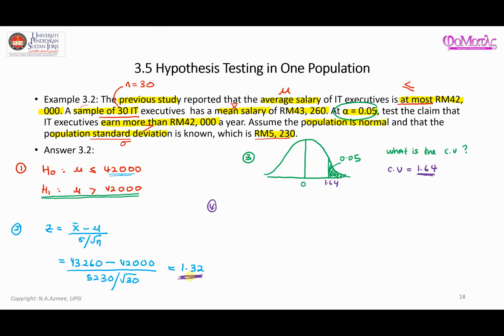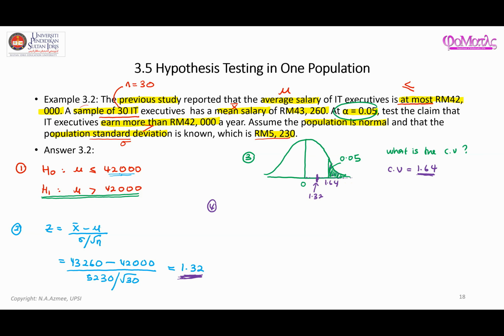So if you look at this value here, 1.32, the position of this value is going to be somewhere here because this is a positive value, so it starts from 0 and the value here will get bigger and bigger as you move on to the right direction. So 1.32 you can assume to be somewhere here, and because of that you can see that 1.32 here doesn't fall into the critical region. So this is the critical region and the value here is not inside the critical region.